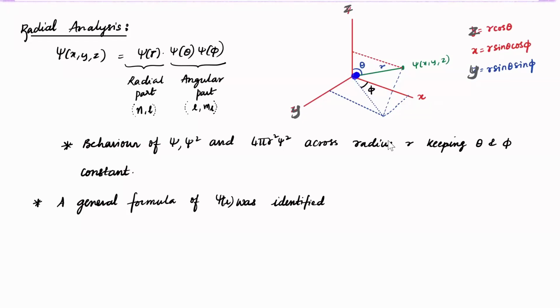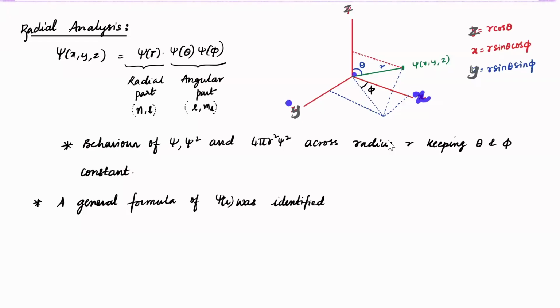See, imagine if an electron is present in space at a distance r from the origin. Origin is where the nucleus is. So from the nucleus, let's say in space, it is at a position x, y, z this way. If this is the position of an electron, what would be its z component?